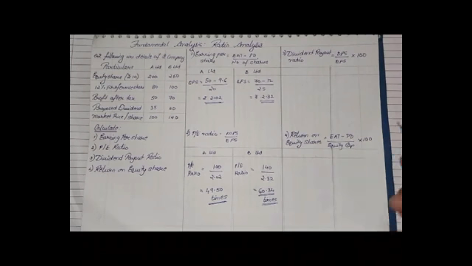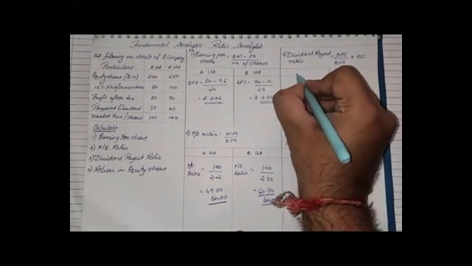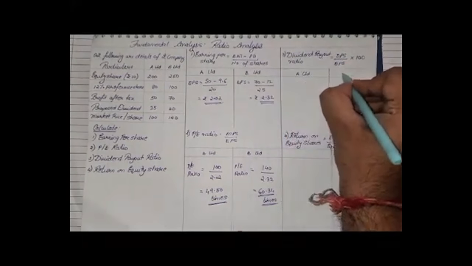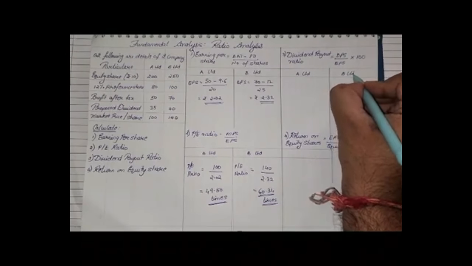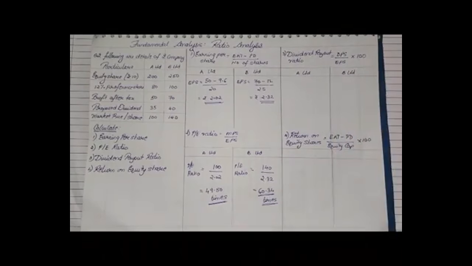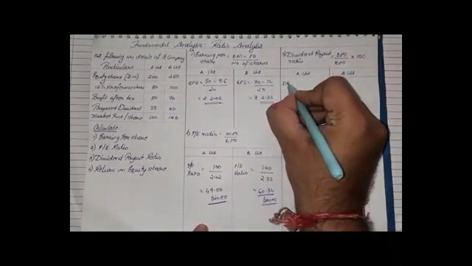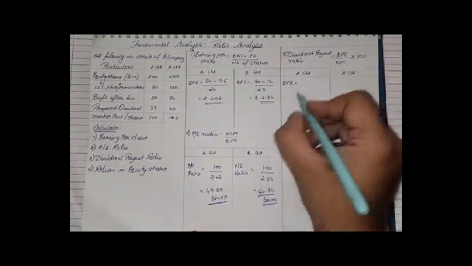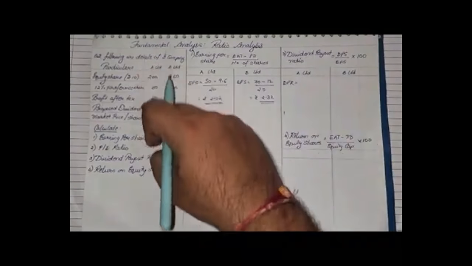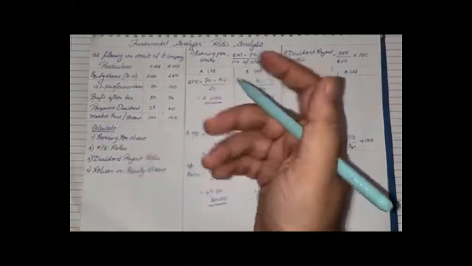Third is dividend payout, very important. Again, we need to calculate for A Limited as well as for B Limited. Okay, now dividend payout ratio is DPS upon EPS, where DPS is dividend per share. Now dividend per share is not given here. In the previous sum, dividend per share was given.